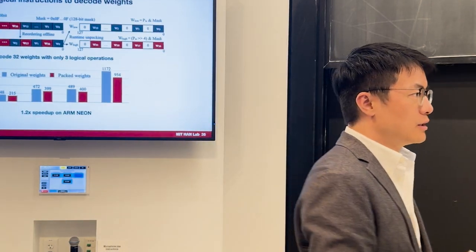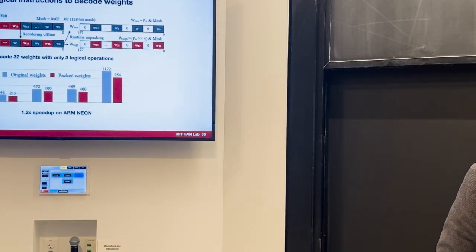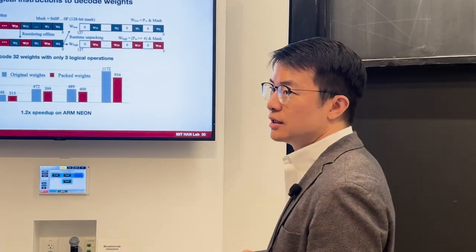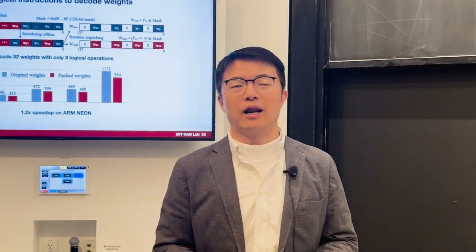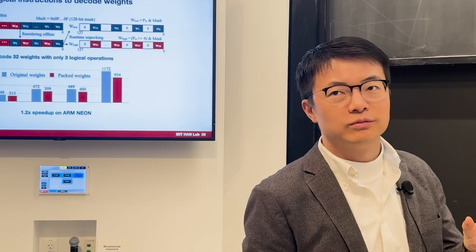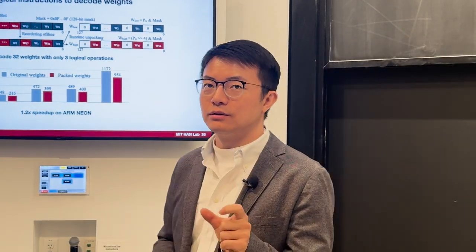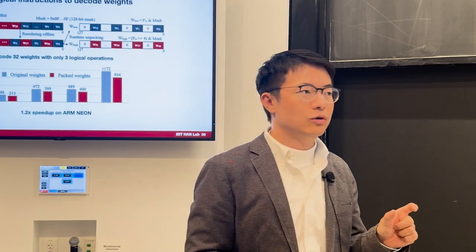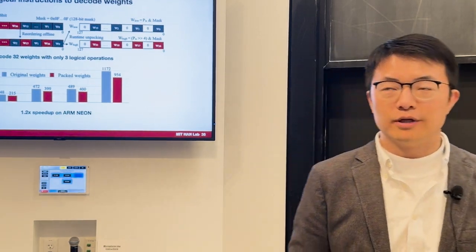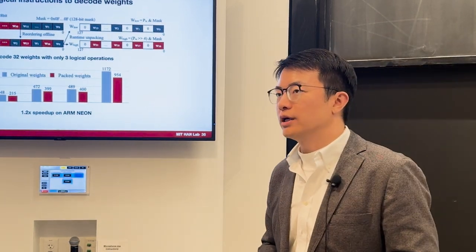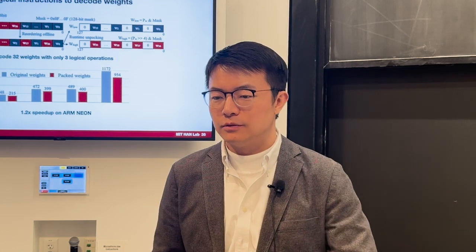A problem here is that since the 1960s, computers have been byte-addressable. The minimum unit of a computer is a byte, and a byte is 8 bits, right? While AWQ quantizes the weight to only 4 bits. So how do we align this mismatch?